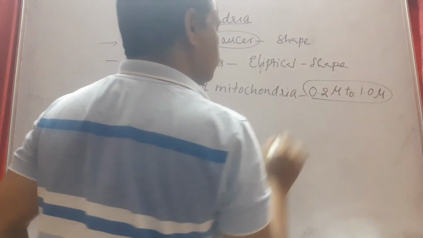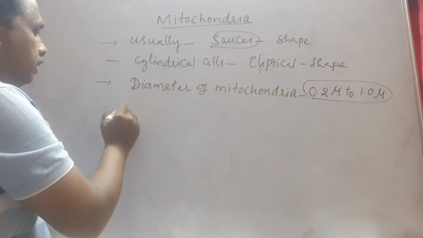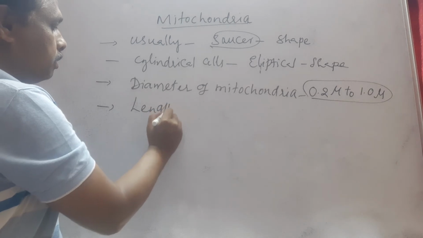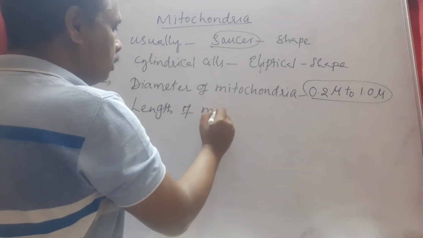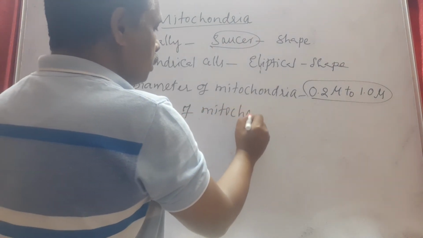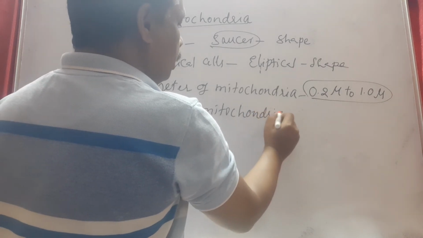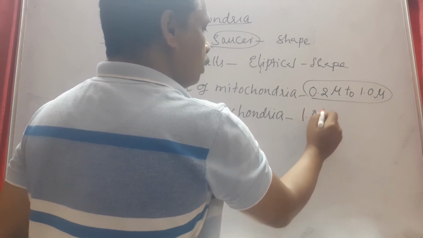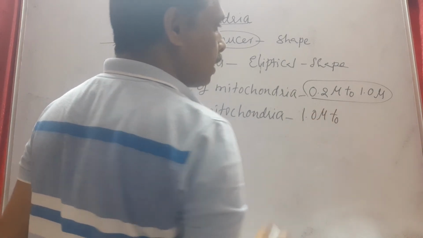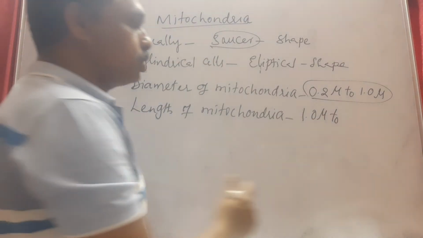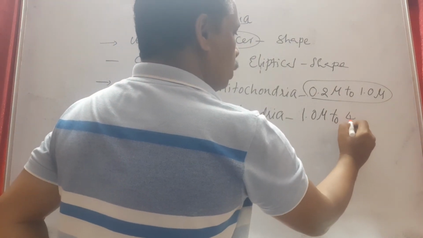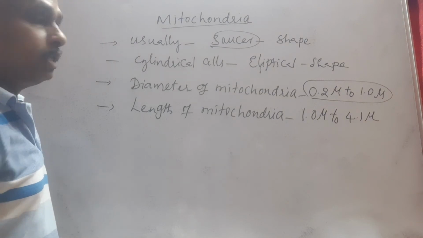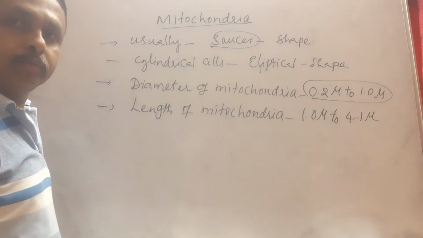Whereas the length of mitochondria is about 1.0 microns to 4.1 microns in length. That is the measurement of mitochondria.